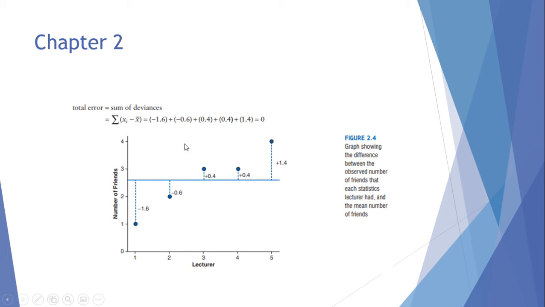But that person is 1.6 friends lower than the average, than what is predicted for anybody in this sample. And you can see here that lecturer number 2 has got 2 friends, and so he or she is 0.6 points below the prediction line, the average for the class, or not the class, the sample. And you see this lecturer has 3 friends, and this lecturer has 3 friends. So they're a little above the prediction line.